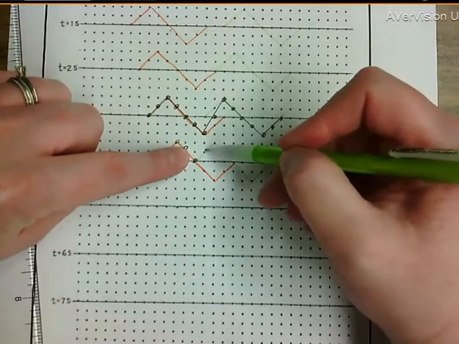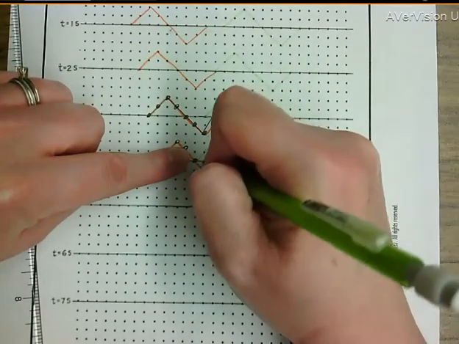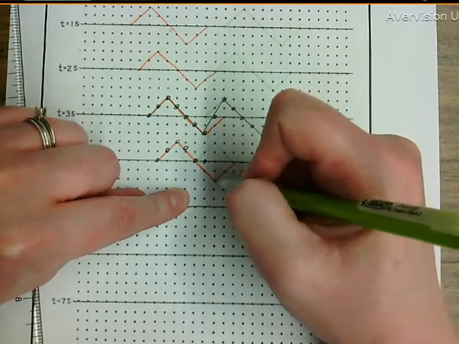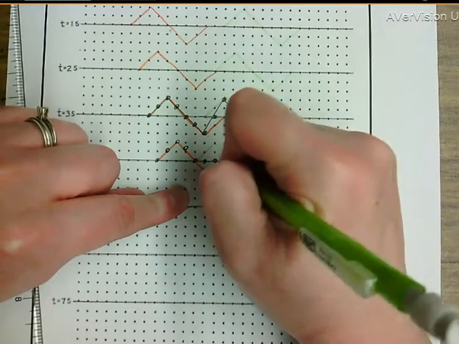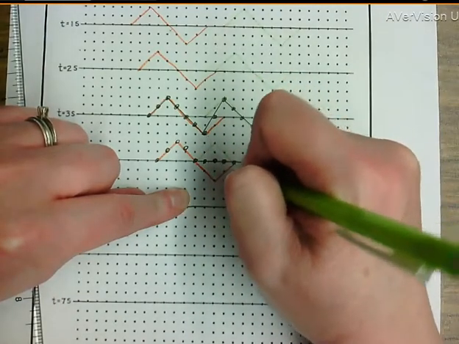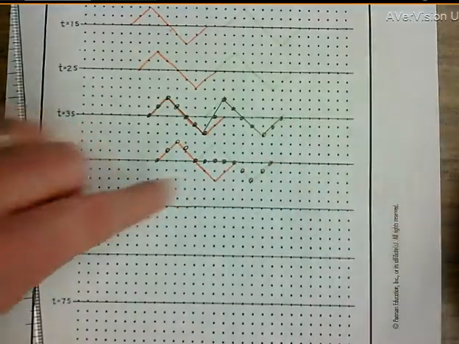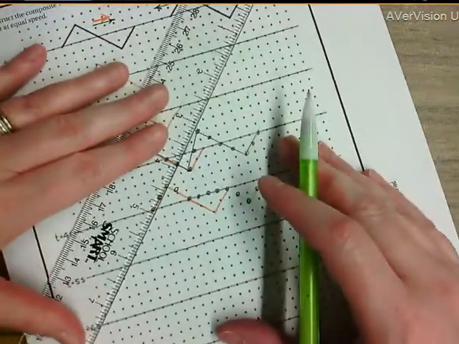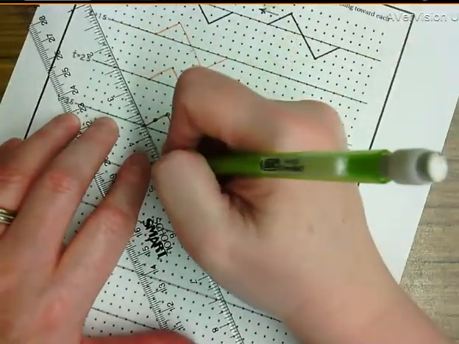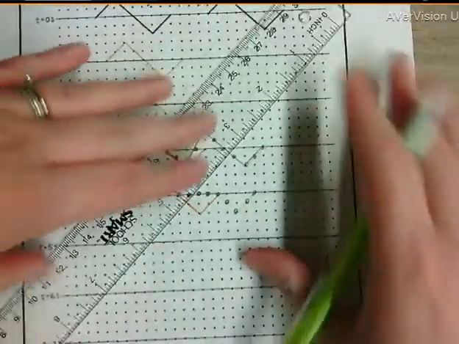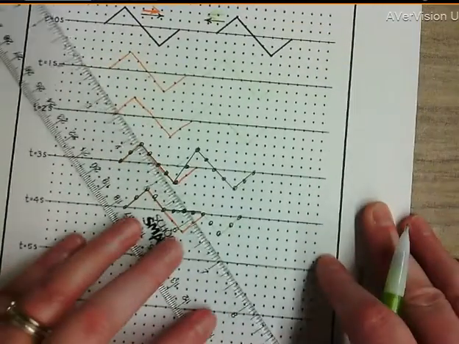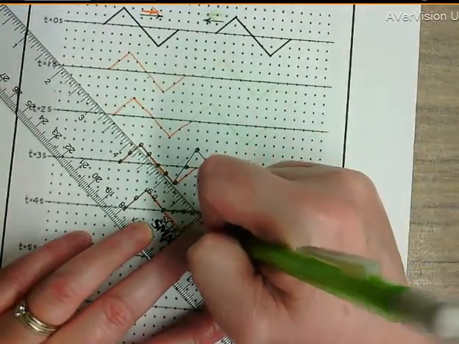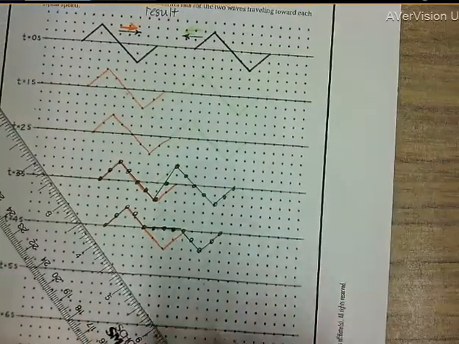Here, though, I have +1 and -1, so that's going to be a 0. Here I have +2, -2, so that's going to be a 0. Here I have +1, -1, so that's going to be a 0. Here it's 0, and then it's going to follow the green wave. So notice I've had destructive interference again. The two waves have canceled each other out. And so this is what my wave pattern looks like.